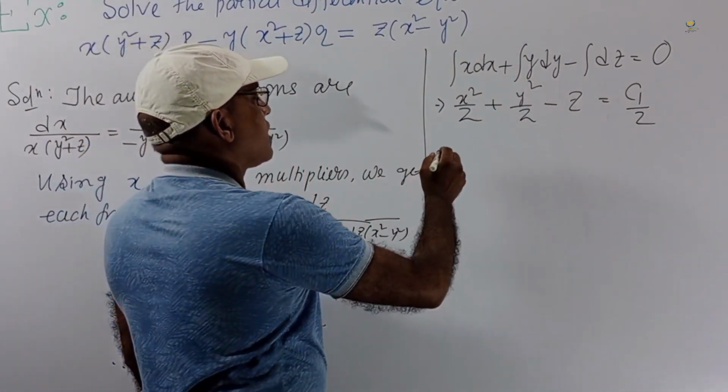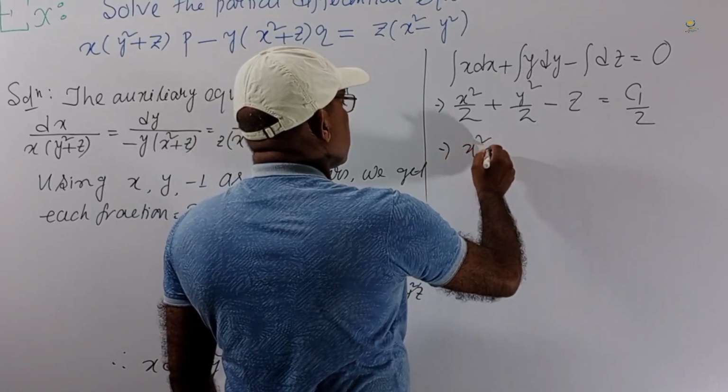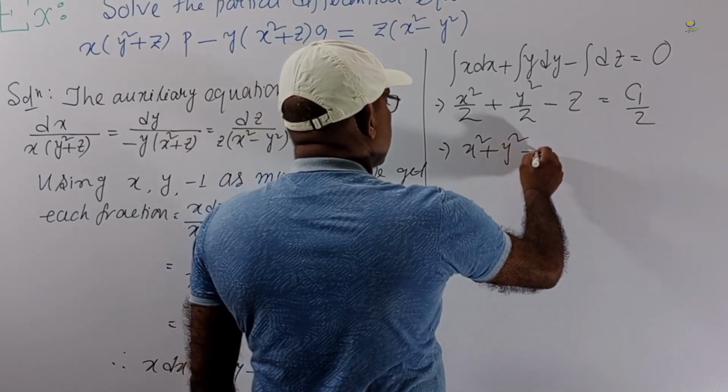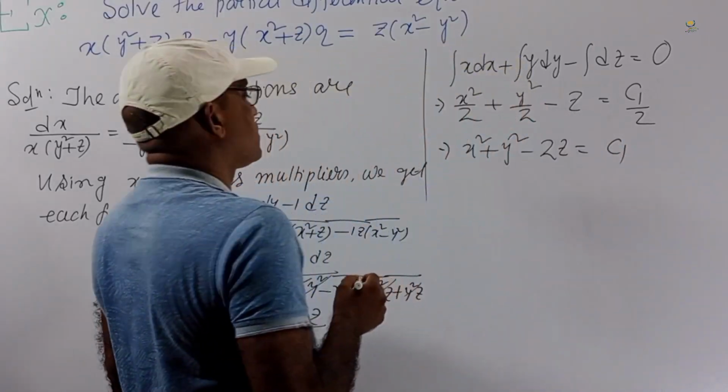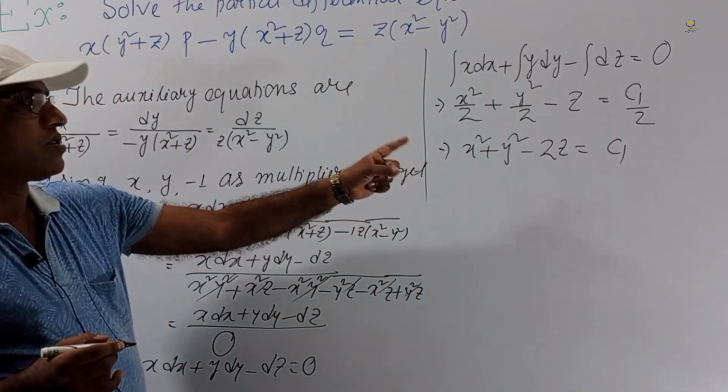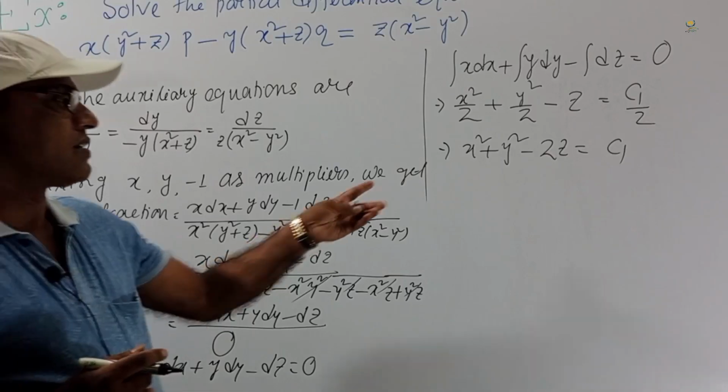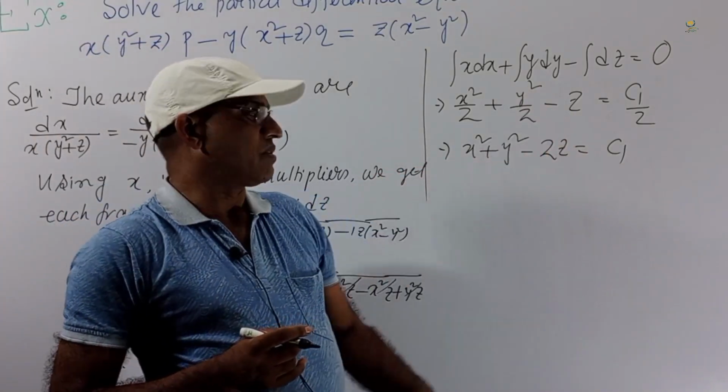We multiply both sides by 2, then we get x square plus y square minus 2z equal to c1. We get the first solution, x square plus y square minus 2z equal to c1.